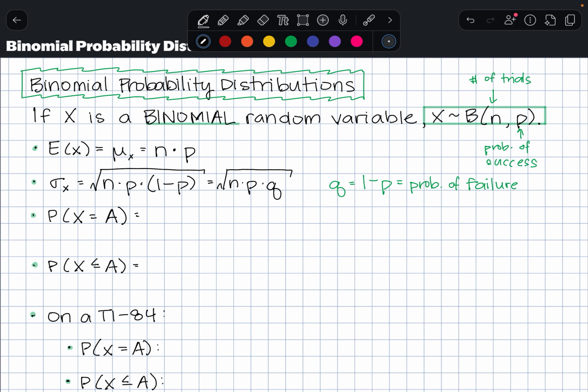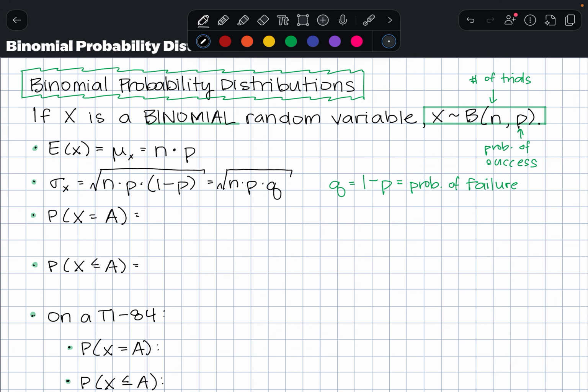To calculate the probability, we have a formula to do that, and it involves that combination formula that we learned earlier, or we can use a TI-84, and we'll look at both. If I want the probability that I get exactly 2 heads when I flip the coin 3 times, that's going to be P(X = 2).